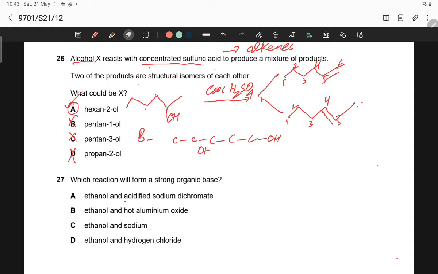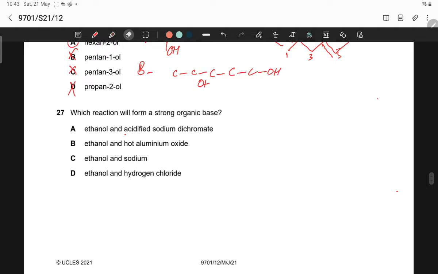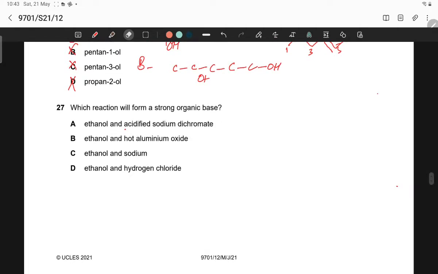Which reaction will form a strong organic base? Which structure forms a strong organic base? Ethanol and acidified sodium dichromate: ethanol, C2H5OH, in the presence of this forms CH3CHO.